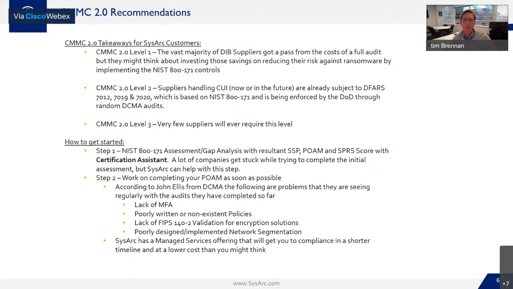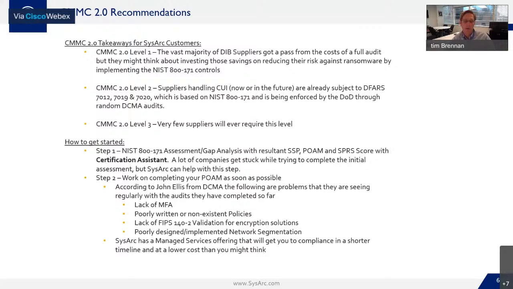But our advice is, the threat hasn't gone away. If you have a company in that level of any size, you have assets, you have your own intellectual property. The threat of ransomware is really inherent in a lot of these smaller companies, and companies that may not need to protect the DoD's data still have their own things to protect.